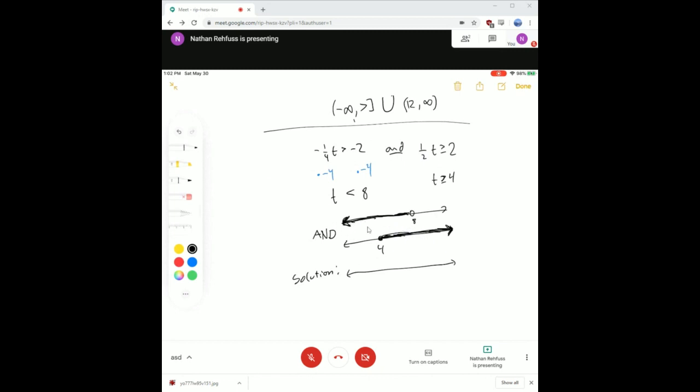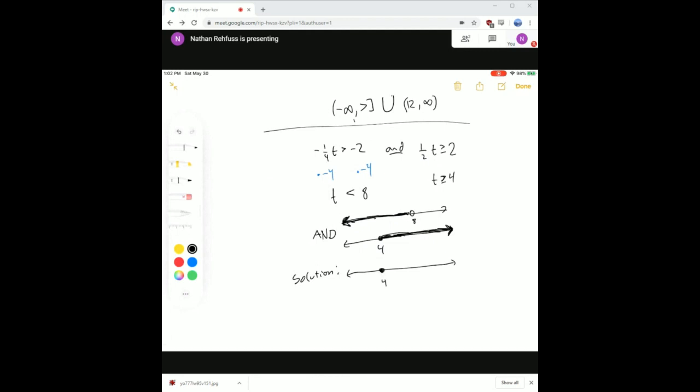So none of these numbers work, because they're less than 8, sure, but they're not at least as big as 4. The first number that works is 4. It's in both shaded areas. And then 4.5, 5, 6, 7, 7.9, 7.999, those all work. But 8 doesn't work. 8 is bigger than 4, but it's not less than 8.